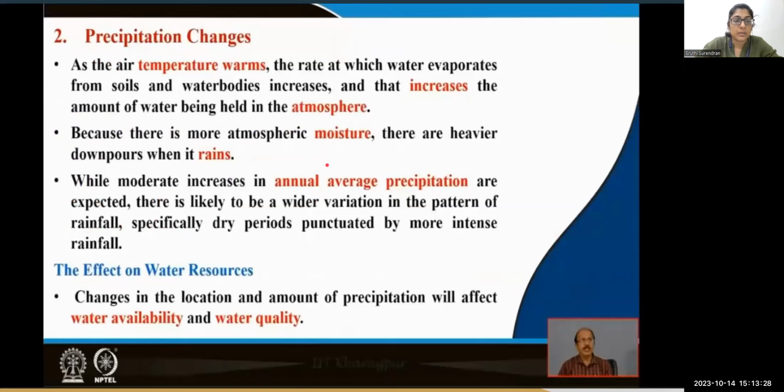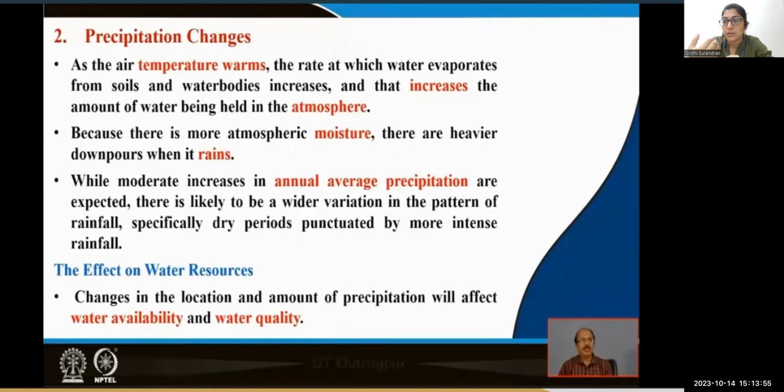Now we also discussed how it is going to impact precipitation. As the temperature increases, the rate of evaporation also increases. So an increase in temperature is going to result in more water getting evaporated. This evaporated water is going to condense and form clouds, and fall down as rain.